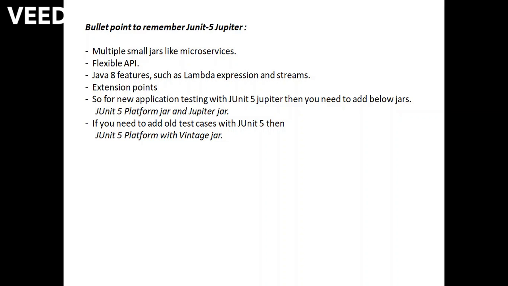Extension points means it supports custom APIs, third-party libraries, third-party jars. So whenever you are building a new application, and for that application you are developing new test cases with JUnit 5 Jupiter, then you only need two jars. One is the JUnit 5 Platform jar and the second one is the Jupiter jar.